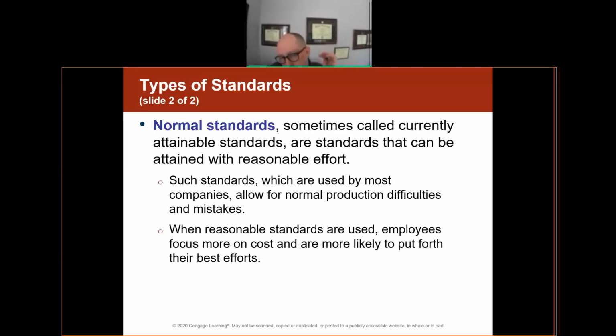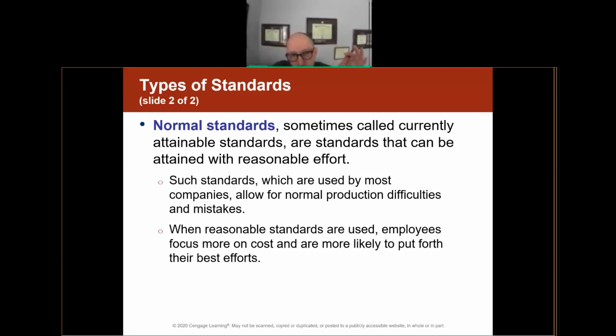If it costs 6 cents for direct materials, that's reasonably attainable. 5 cents might be a little unrealistic based off of the ability to prevent mistakes, to prevent costs going up on materials, things like that. So 6 cents might be more standard, or a more normal cost for materials.